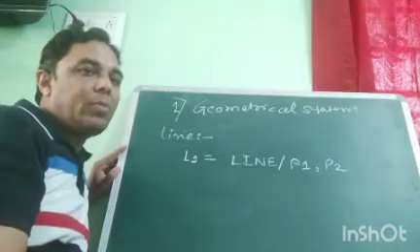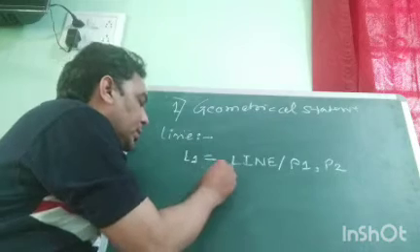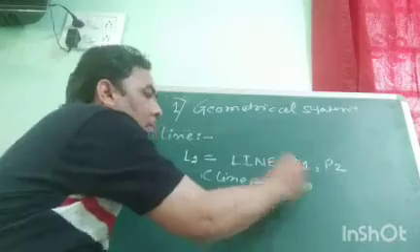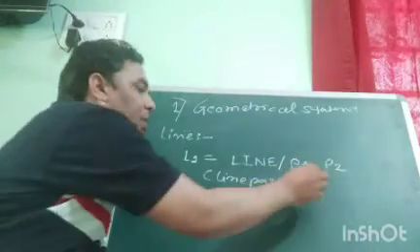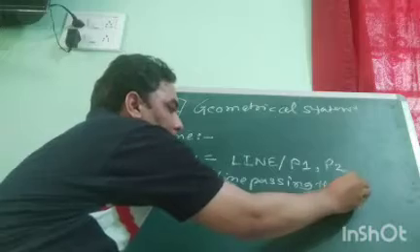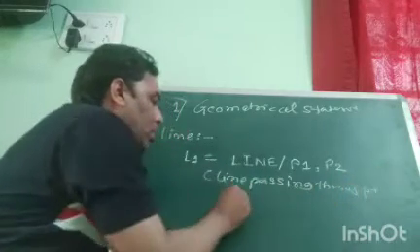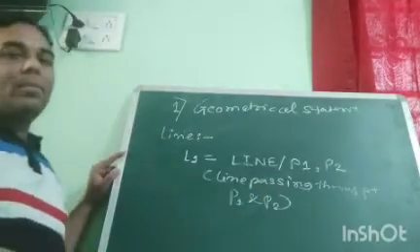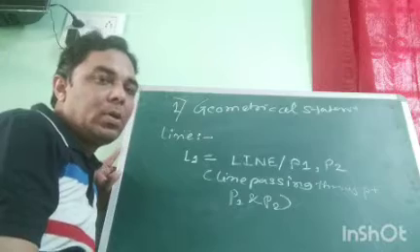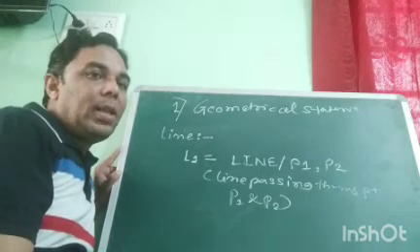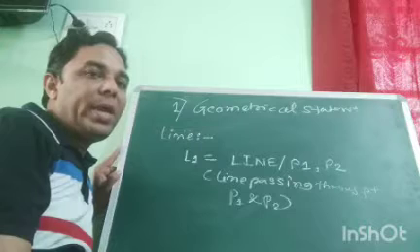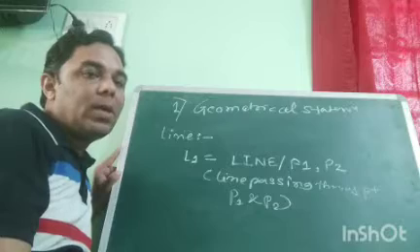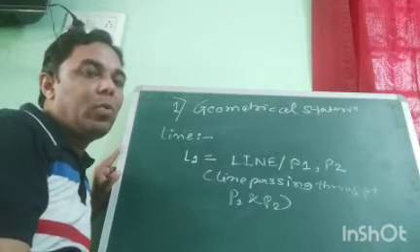Now the interpretation of that syntax coding is line passing through points P1 and P2. In this way, if I want to write down a line L2 that is parallel with line L1, but the line passes through point P2, that is the condition.